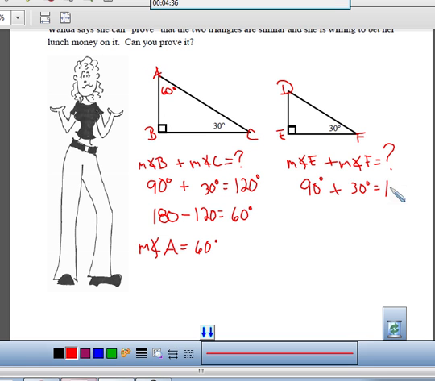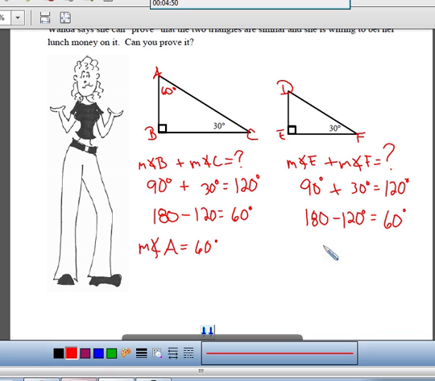When I add them together, I get 120. To find my missing angle, I'll subtract that from 180. And I get 60 degrees. Alright, so what does that mean? Well, that means that the measure of angle D is 60 degrees.